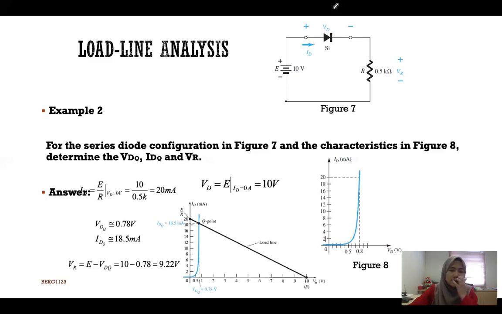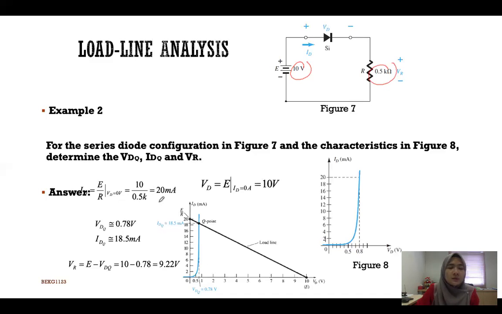So first, let's calculate for the ID. The derivation is already shown in the previous slide, so here we just use the formula ID equals E over R, because we already know that when VD is equal to 0, the ID here is E over R. E is 10 volt, R is 0.5 kilo ohm.